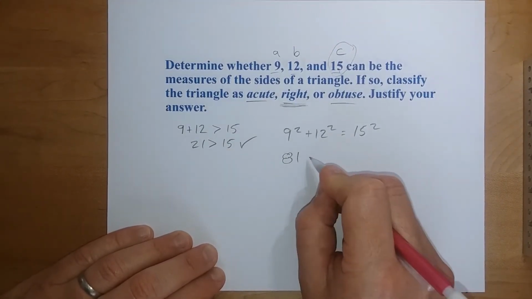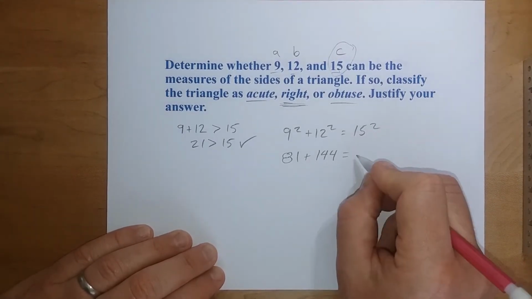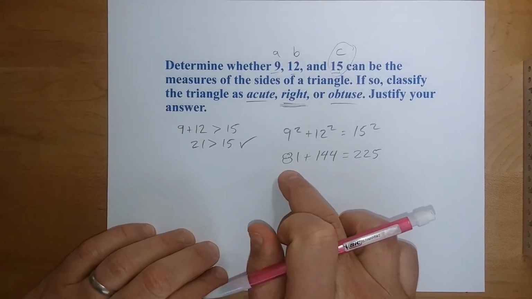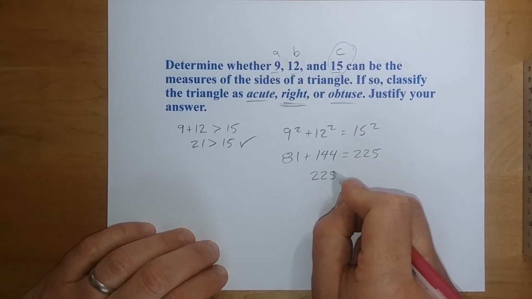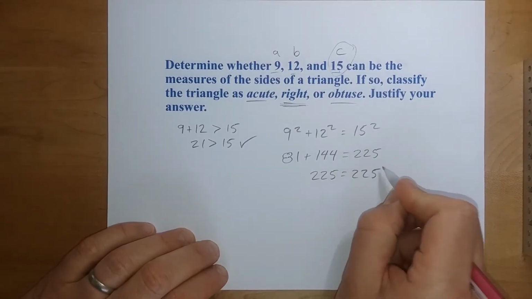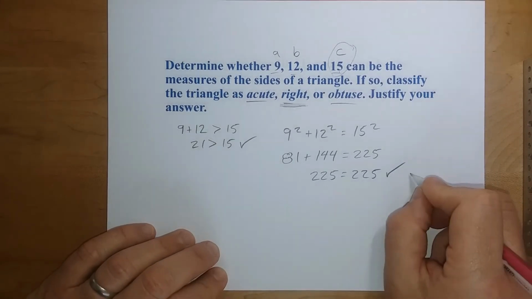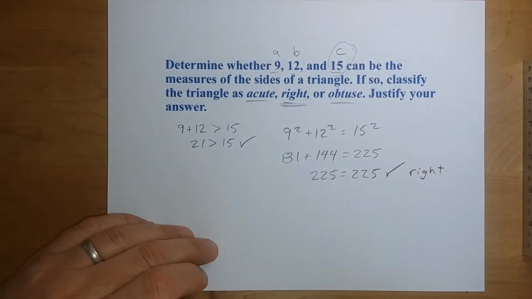We get 81 plus 144, that's gross, equals 225, 15 squared. And 81 plus 144 is 225. So this does satisfy the Pythagorean theorem. Therefore, this is a right triangle.